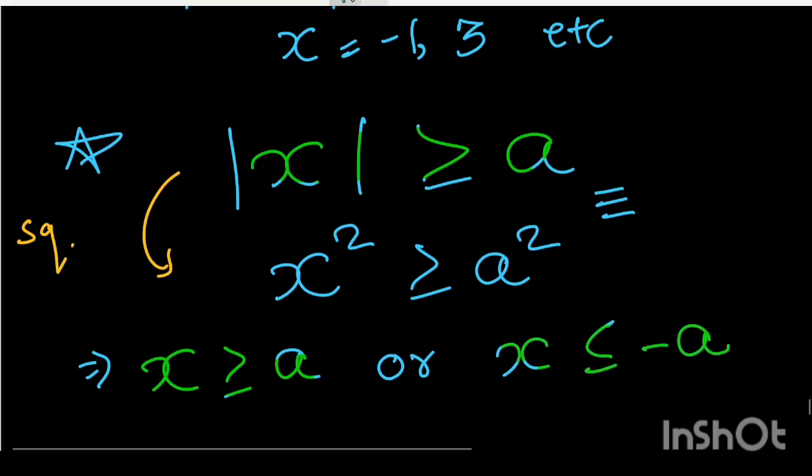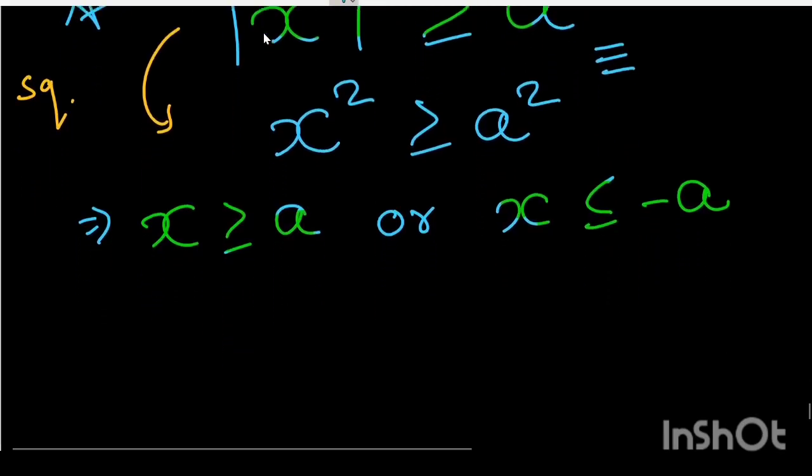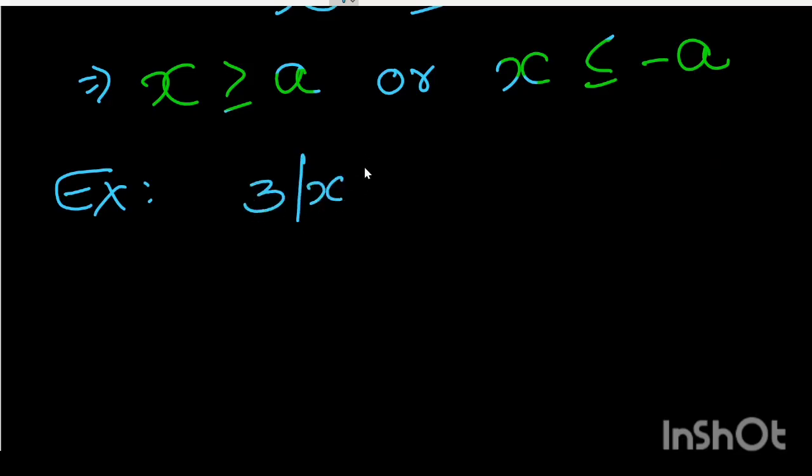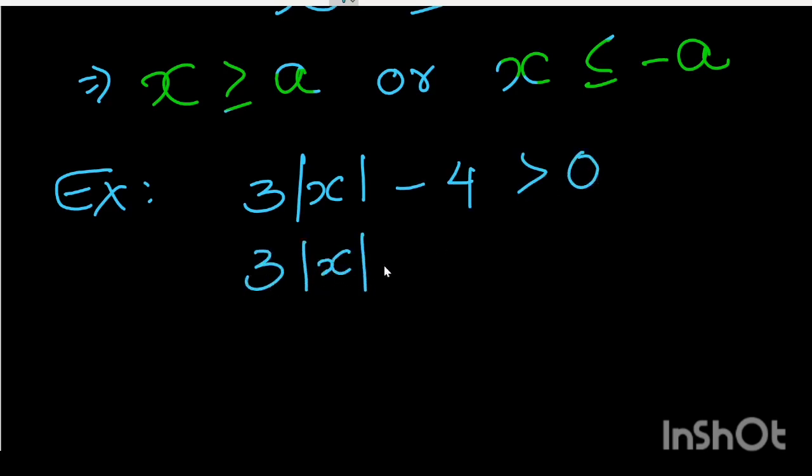Okay, so it means what? If you take any simple example, let's say 3 into mod x minus 4 greater than 0. So we can say that 3 mod x is greater than 4.